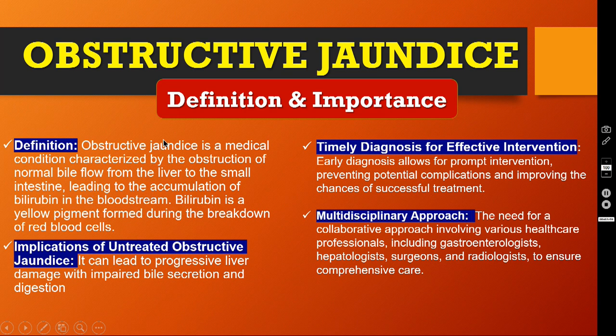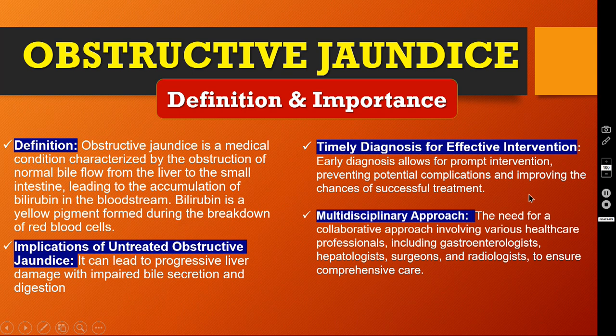If we do not treat these cases, eventually this will produce progressive liver damage and ultimately liver failure. In order to avoid these complications, we have to make a timely diagnosis and immediate effective intervention.